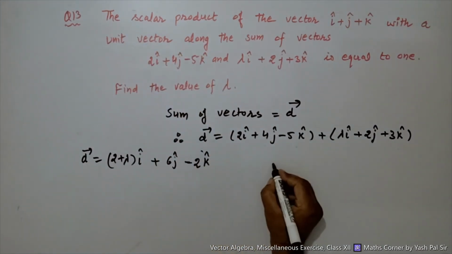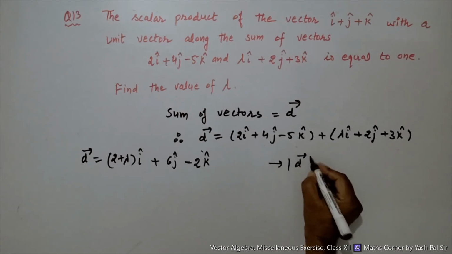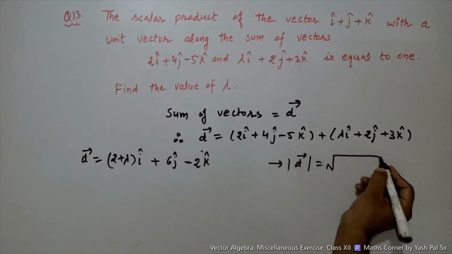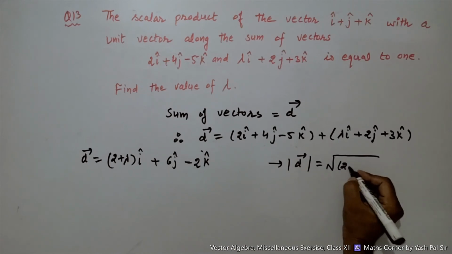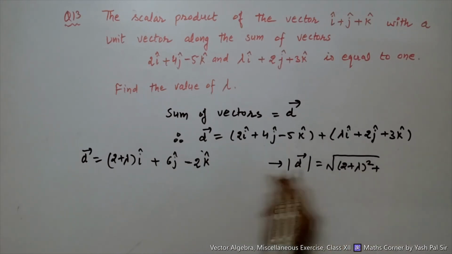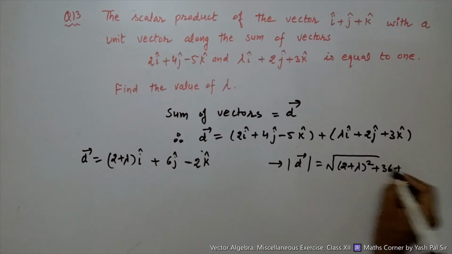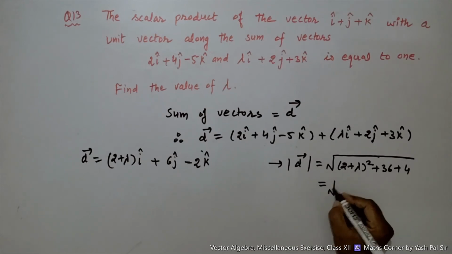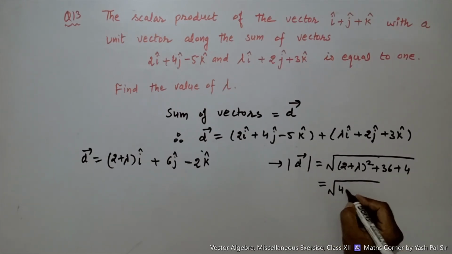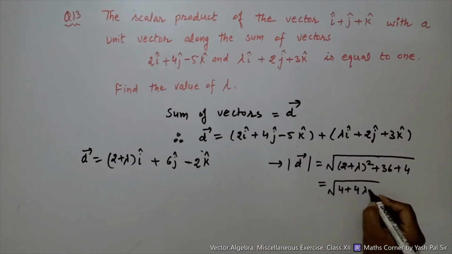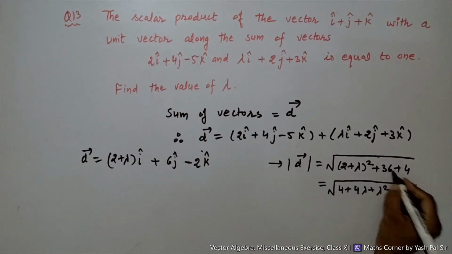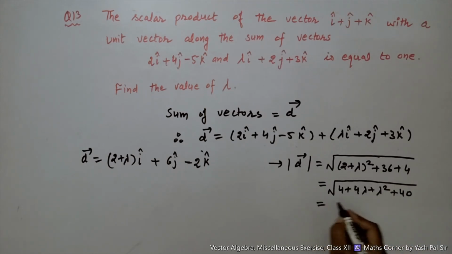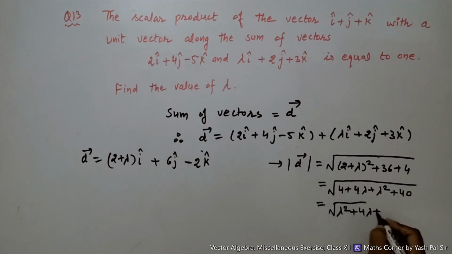So here we find the magnitude of vector D, which becomes square root of 2 plus lambda whole square plus 6 whole square plus minus 2 whole square, which is 4, which is equal to 4 plus 4 lambda plus lambda square plus 40, which is equal to square root of lambda square plus 4 lambda plus 44.